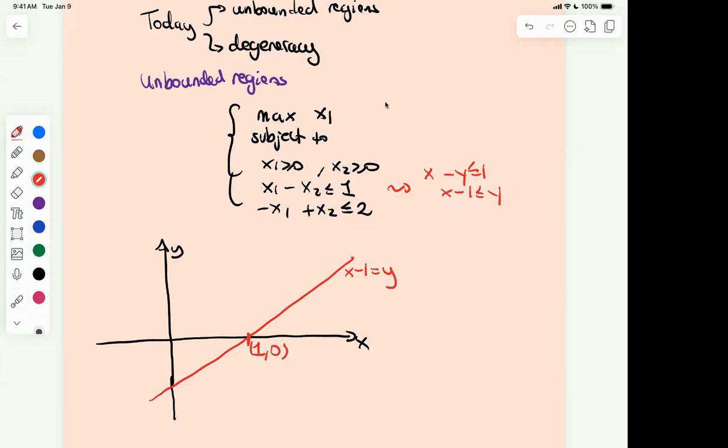And then the other inequality, in the traditional notation, is minus x plus y less or equal to 2, or y is less or equal to 2 plus x. Also this is an increasing line, the intercept is at 2, so you would get something like this. And this is the line y equals 2 plus x.